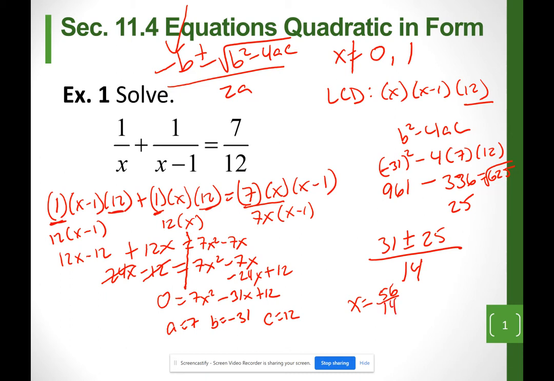If I use the minus sign, 31 minus 25, that gives me 6 over 14. Simplify your fractions. 56 over 14, 56 divided by 14 is 4. 6 over 14, but 6 divided by 14 I can't do. At least simplify the fraction. I'm going to call this 3 over 7.